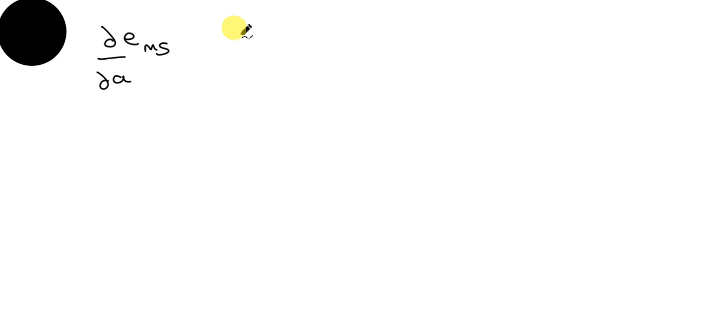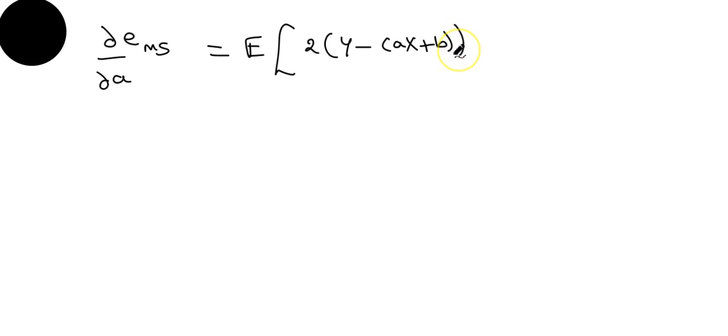When I differentiate this expectation, I will have E of 2 into y minus ax plus b into the derivative of minus of ax plus b with respect to a, which yields minus x, and then I need to equate this to 0.